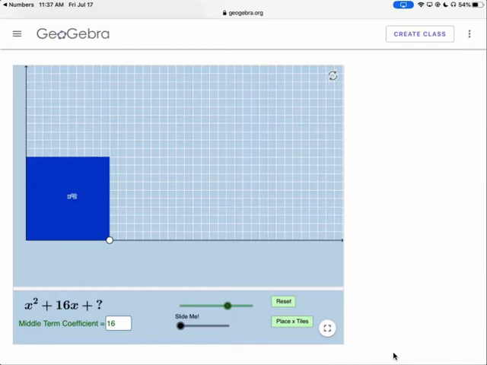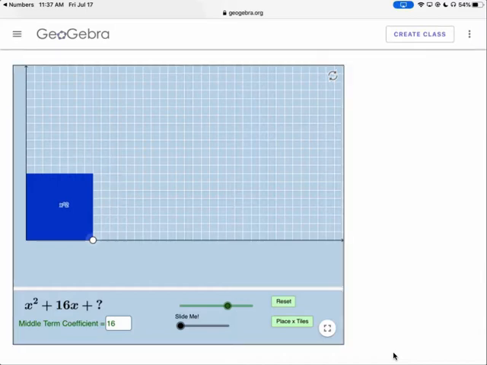And the idea here is we need to figure out what numbers should be substituted in for the question mark in order to make this a perfect square trinomial. So in the graph here, you see this blue square, it's supposed to be representing x squared. And I can change the size of it. Doesn't really matter. So how about I leave it right there?